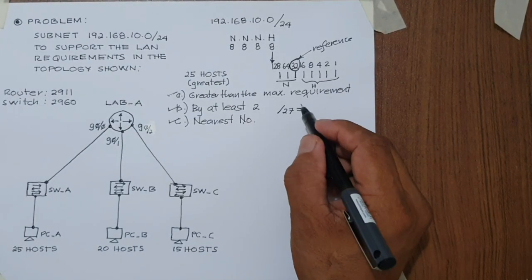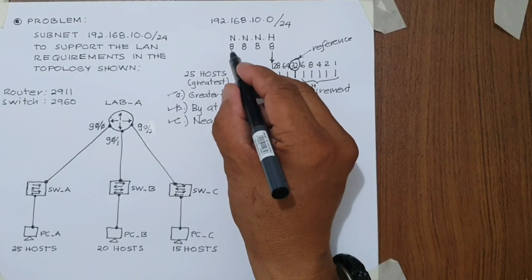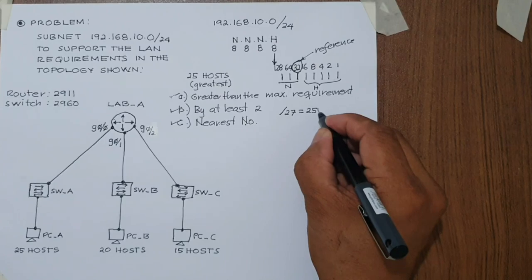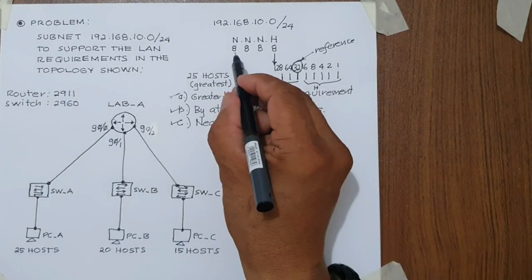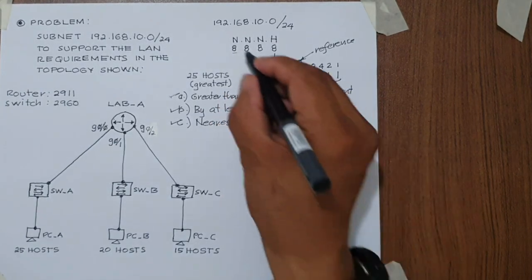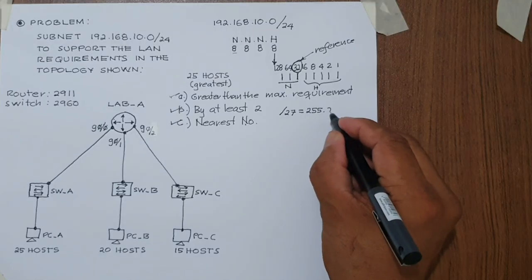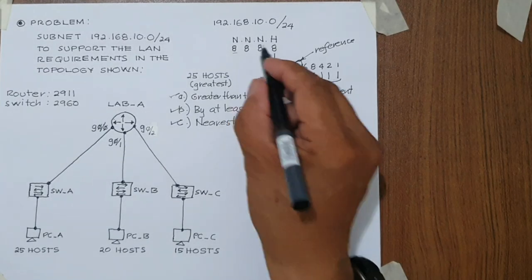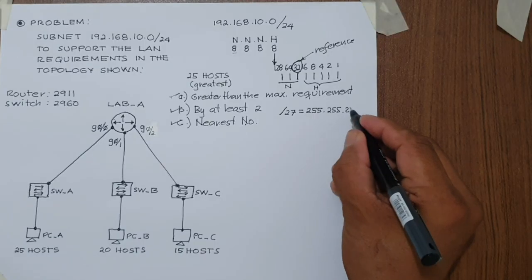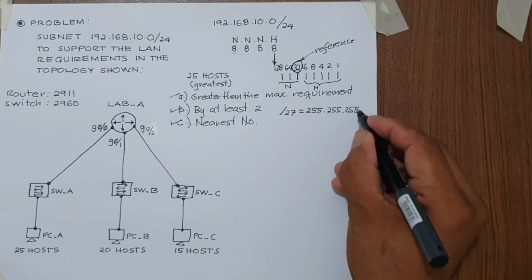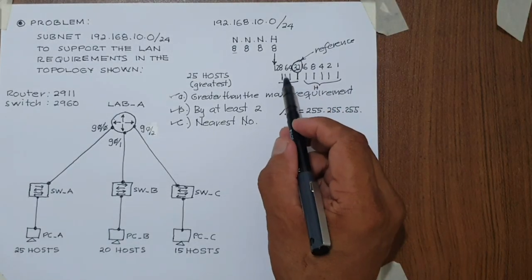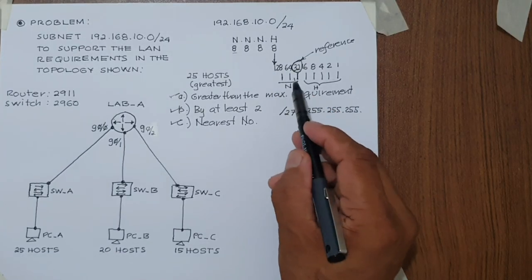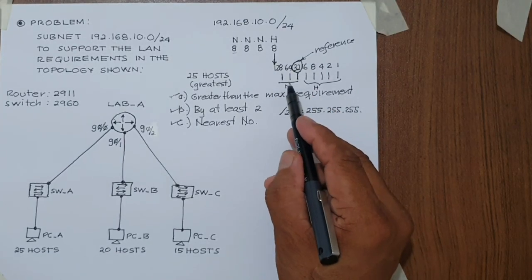And what will be the new subnet mask? The first octet will still be 255 because of the 8 bits here. The next will still be 255, and the next will still be 255, but now it will no longer be 0 for the 4th octet because there are 3 bits here representing the network.